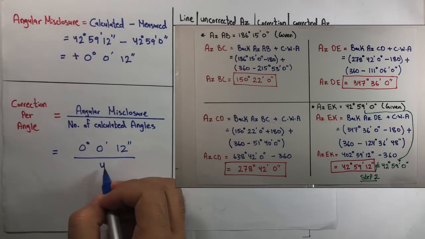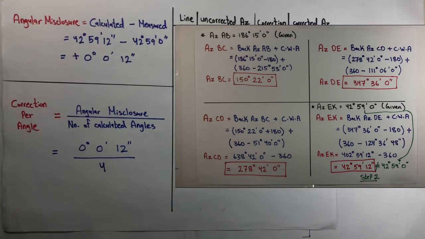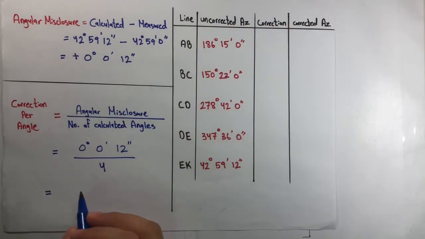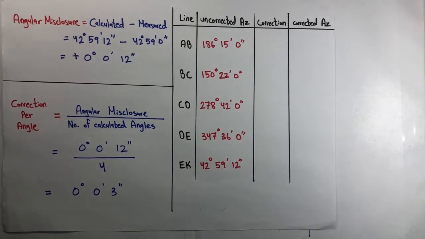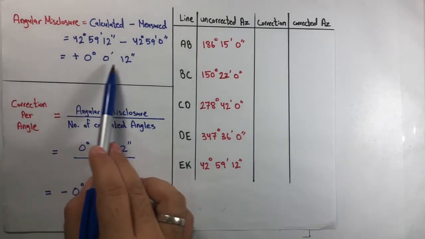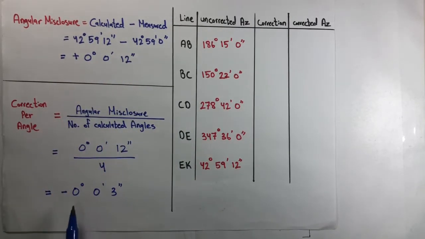So we have to divide the misclosure by 4 and we'll get 0 degrees, 0 minutes and 3 seconds. But this time we have to keep it negative because our total error is positive 12 seconds. So we need to deduct 3 seconds from each angle so we can reach 0. Okay, now let's get started with the correction.